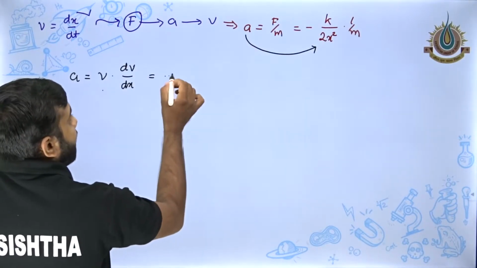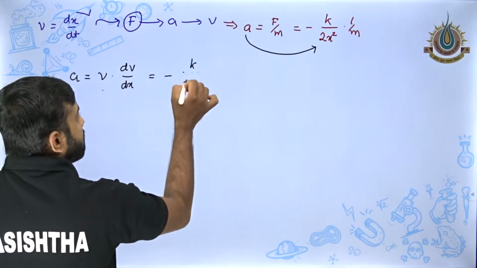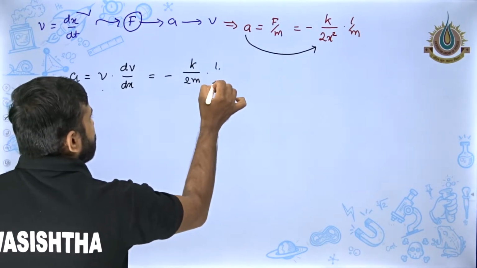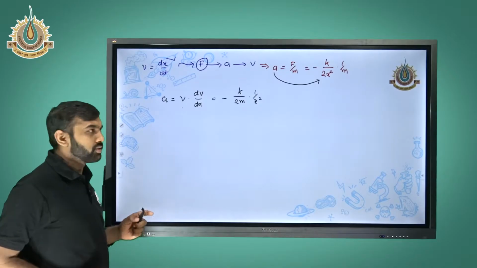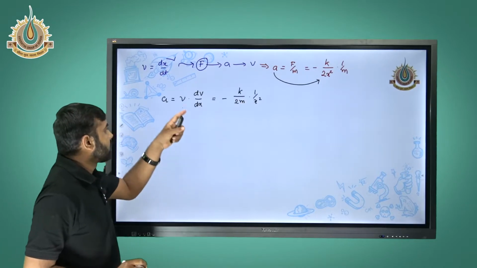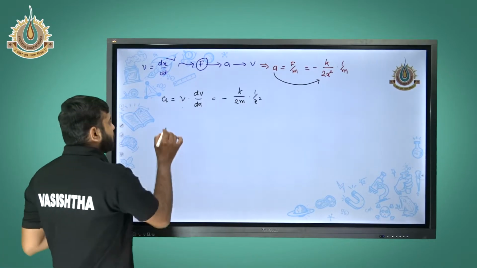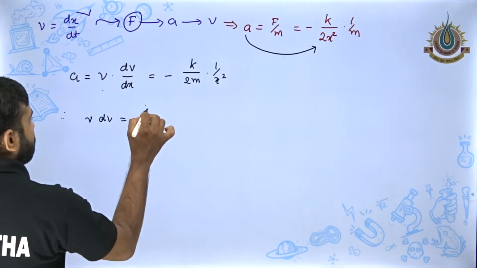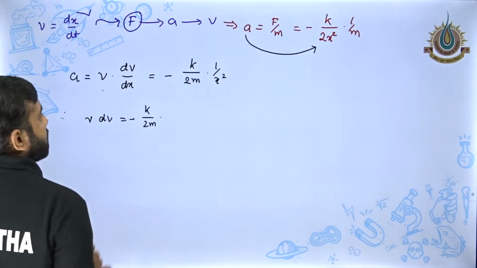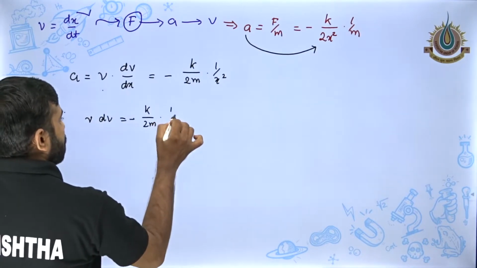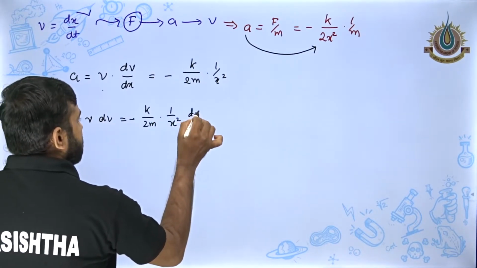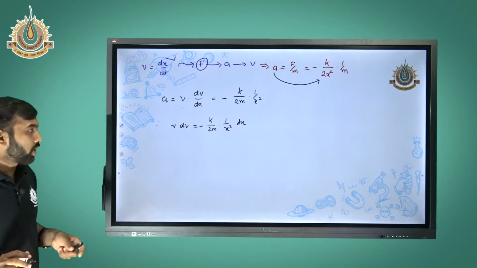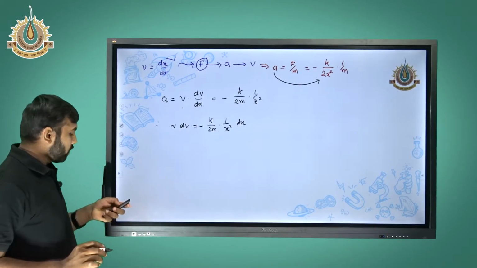Acceleration is equal to minus k upon 2m into 1 upon x square. Take the dx terms on the right hand side and the velocity terms on the left hand side. So the answer is v dv is equal to minus k upon 2m into 1 upon x square dx.